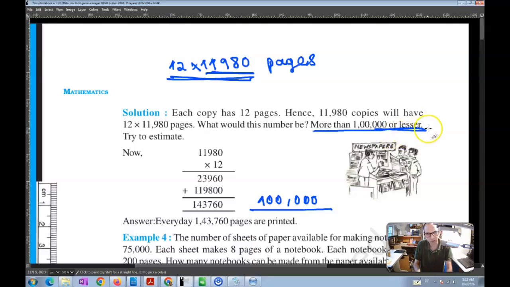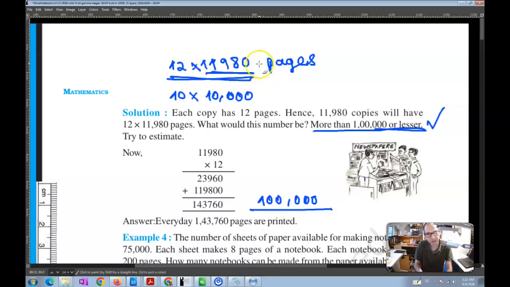So in order to answer this question, I take a look at my numbers. In my estimation, instead of 12 times this number, I wrote 10 times 10,000. I have rounded the 12 down to get a 10 so that the calculation becomes easier.